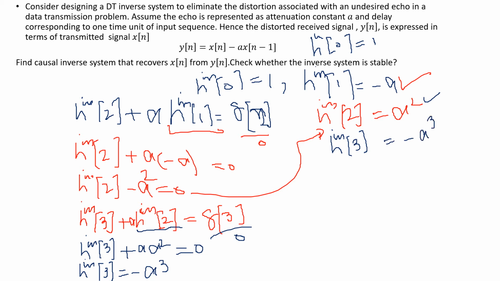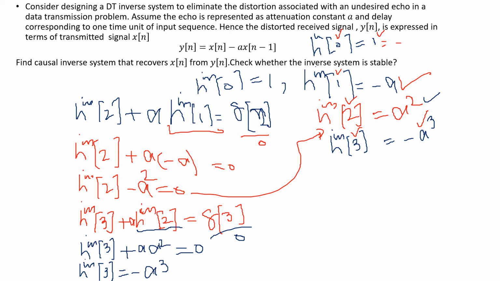So you see, if n is 0, this is equal to 1. If n is 1, this is equal to a. If n is 2, this is a square. If n is 3, then this is a cube. So can I say this is basically a power, minus a power? Let me write it. Can I say that this is basically minus a power?